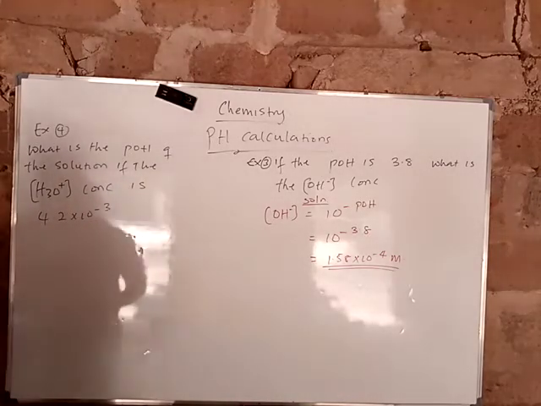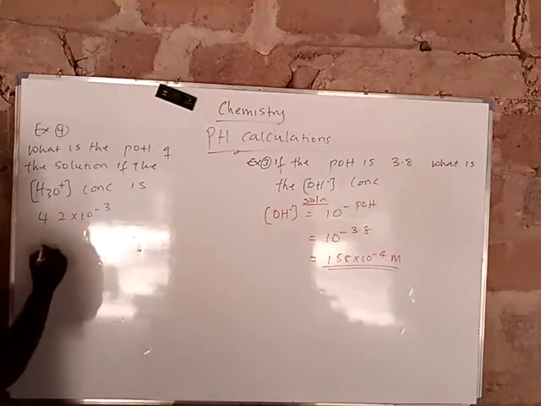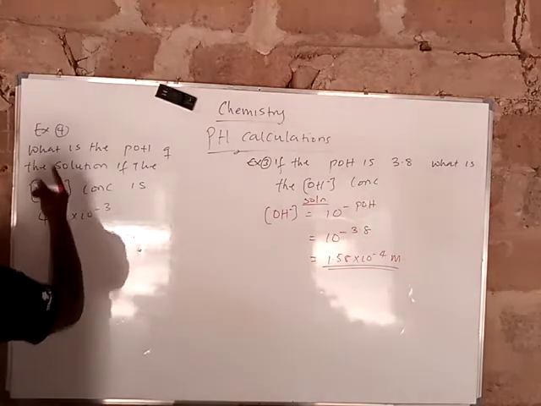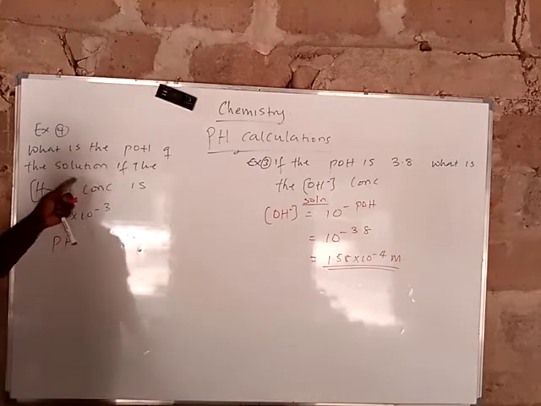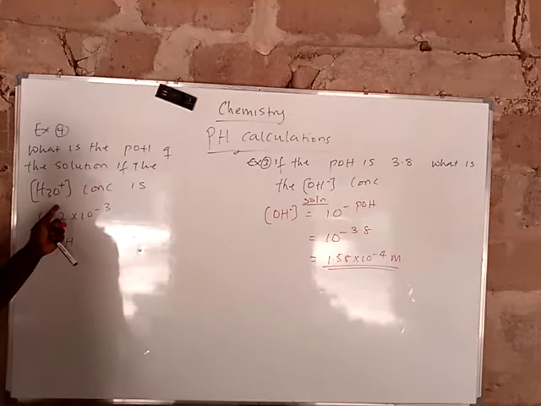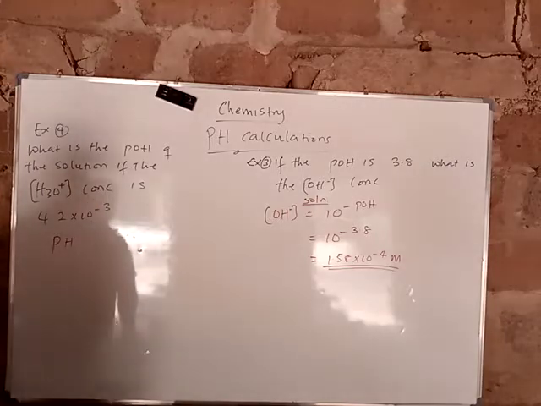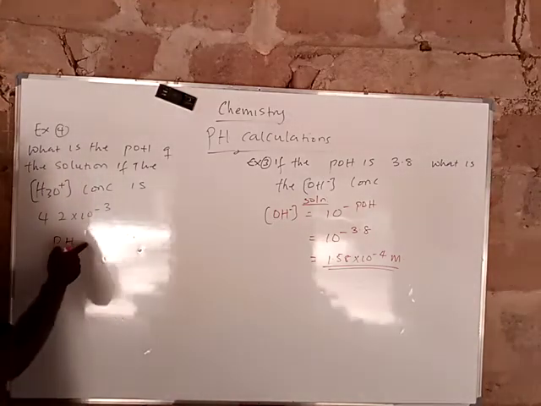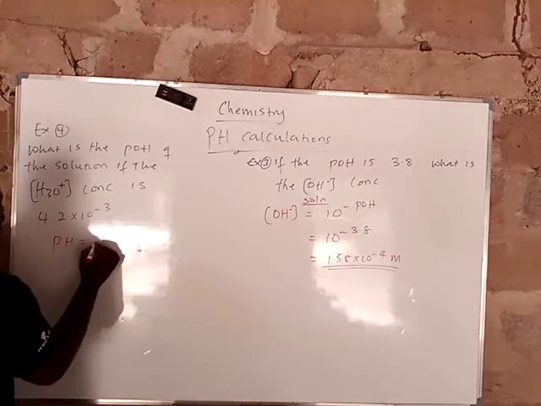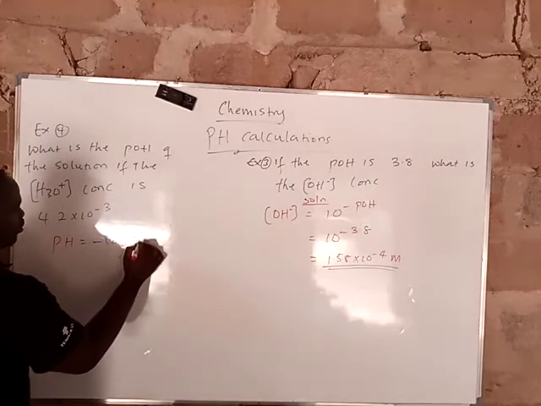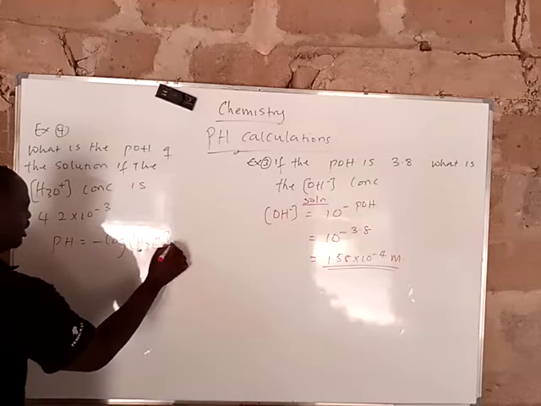Now watch this question, it's a little bit tricky. I can calculate pH and then use it to get my pOH. Look at what I'm saying. pH is equal to minus log of the hydronium ion concentration. We already gave the formula.